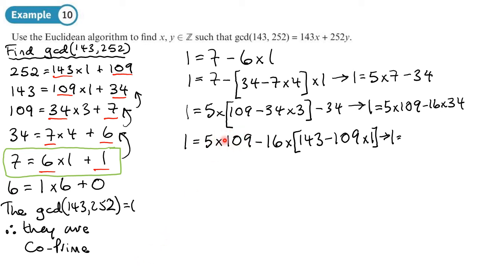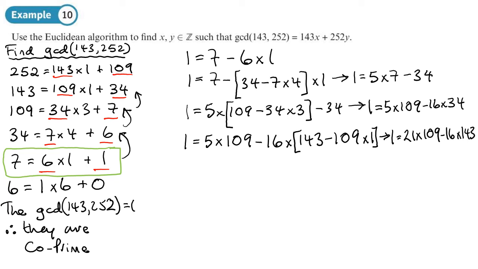So I've got 5 lots of 109. When I expand the brackets, I will have plus 16 lots of 109. So 5 plus 16 is 21. So I'll have 21 lots of 109. Then I'll just have negative 16 lots of 143. So minus 16 times 143.